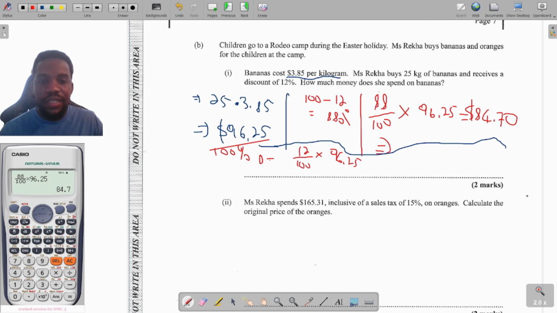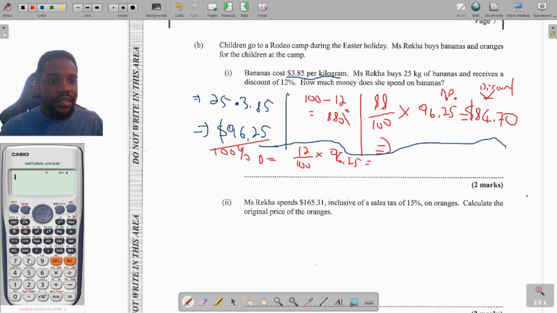Let me call it D. Discount equal. What I've found over here is what we call the discounted price. Let me call it DP. Discounted price means the price that you pay after the discount is taken out. So it works both ways. So I can either find 88% of the total sum, or I find a discount, and let's show, without saying much, that you get the same answer, right?